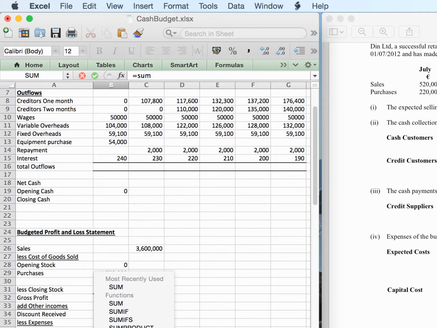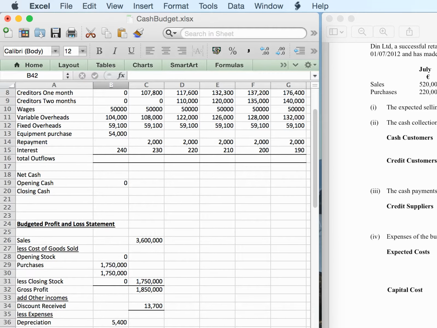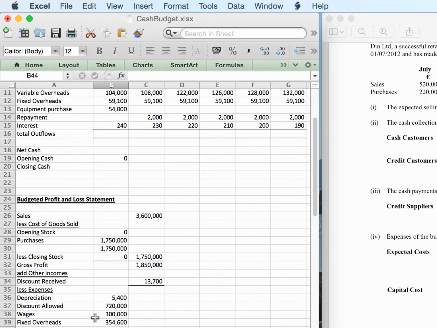Again, I'll just add along the line from this number all the way down to that, and that's everything. So just checking wages, variable overheads, fixed overhead, and we have our depreciation put in. So now I can finish this one off, and then I'll go back and finish the rest of the document.